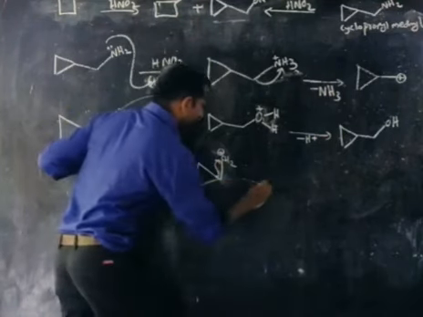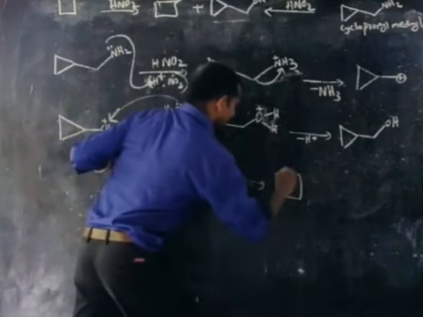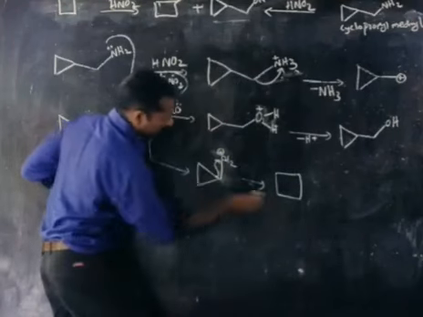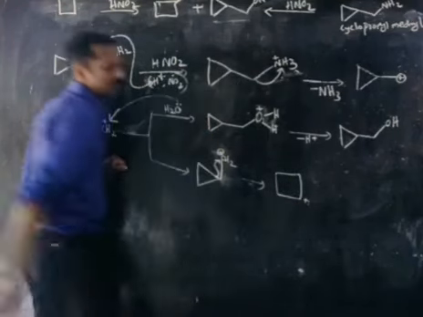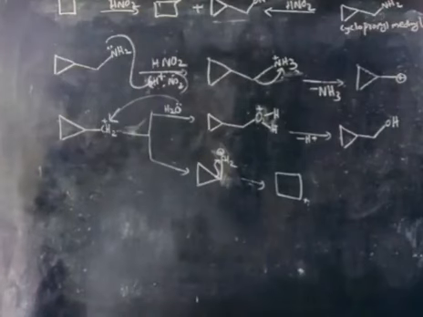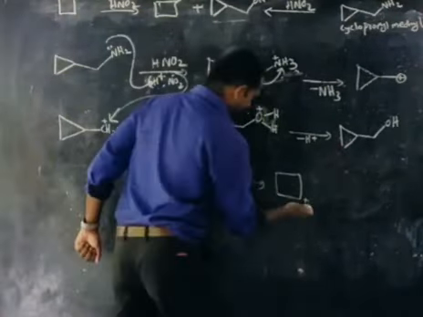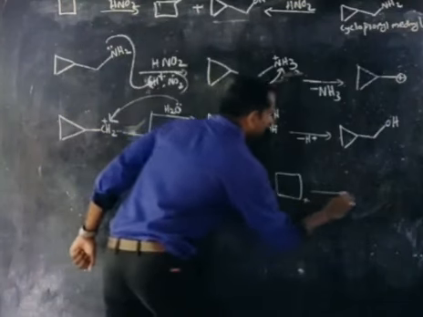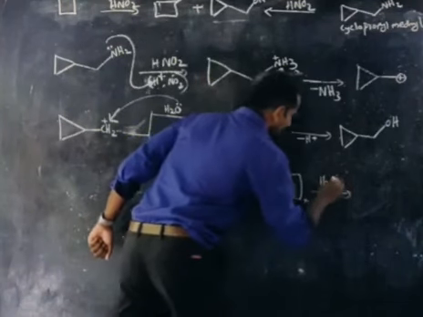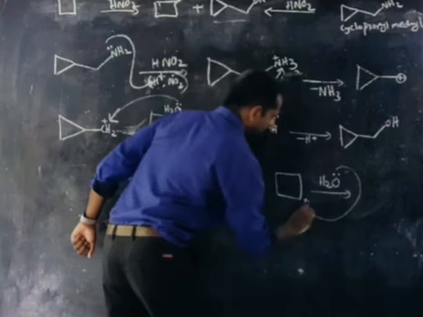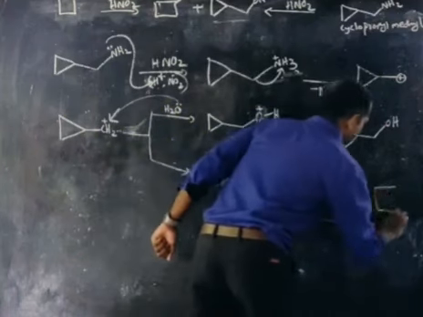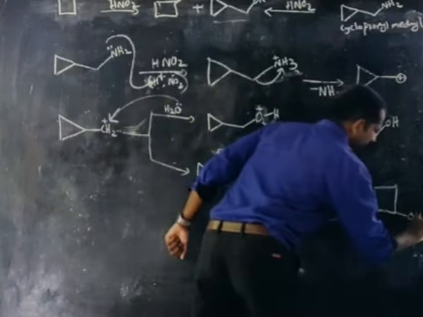So what will you get? Since the bond is breaking from here, there is a positive charge here. Clear? Now in the next step, the water molecule is attacking. Again, as we have discussed earlier, you get a positive charge, and now you are getting OH here.